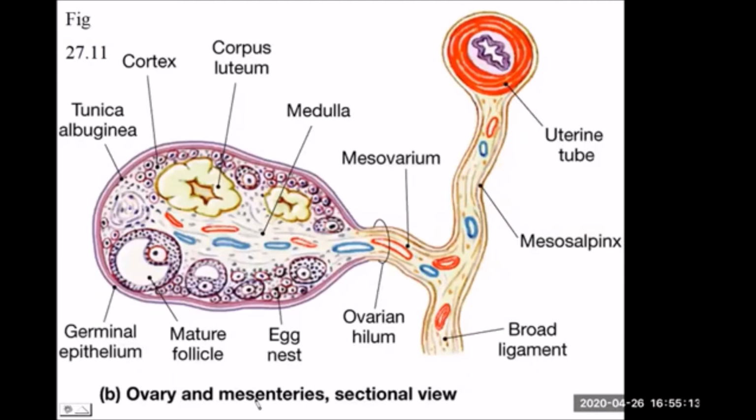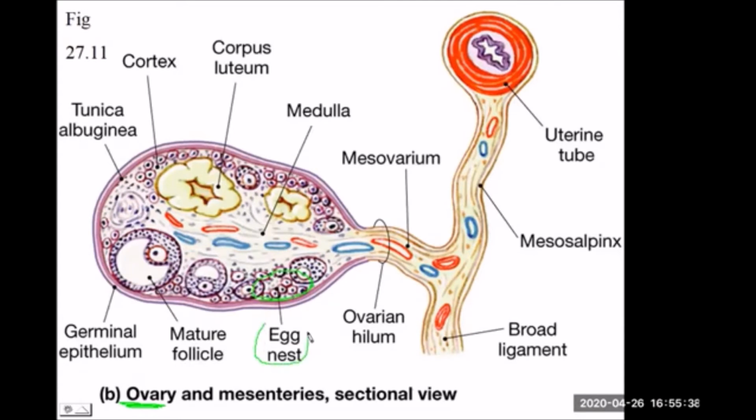Taking a look at the female gonad, the ovary, this is the location for the development and maturation of the female egg. It's known as the ova. In comparison to male development, women are born with a few million eggs already produced before birth, clustered together.